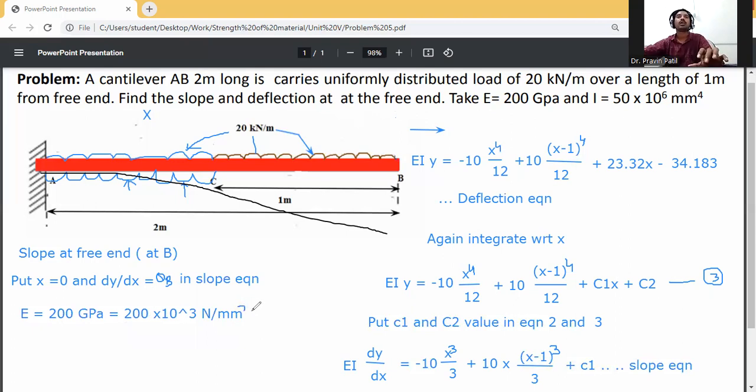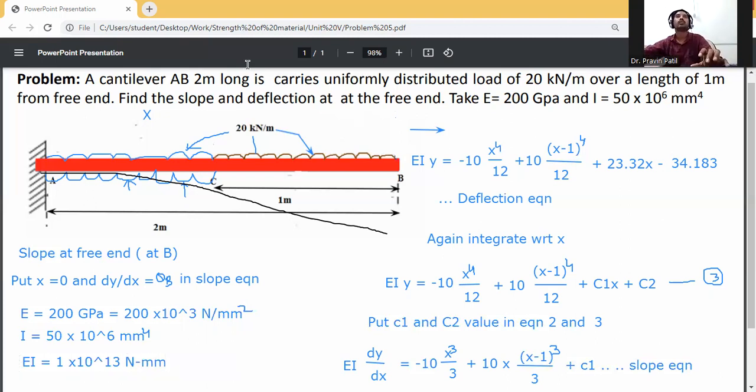And I is given, I is equal to 50 into 10 raised to the power 6 mm raised to 4. So now EI is equal to 200 into 10 raised to the power 3 into 50 into 10 raised to the power 6. So we get 1 into 10 raised to the power 13 Newton mm square.